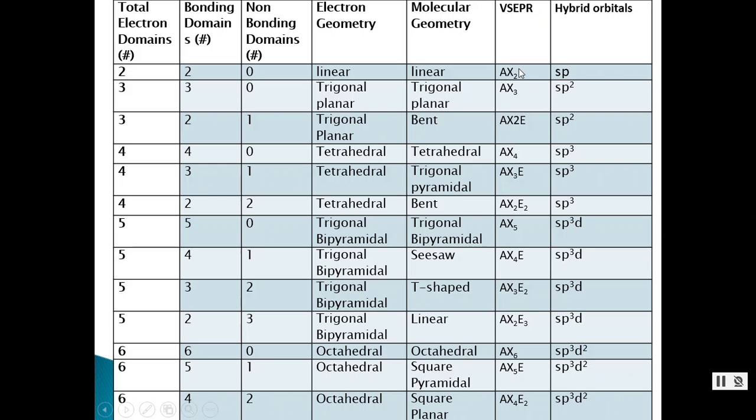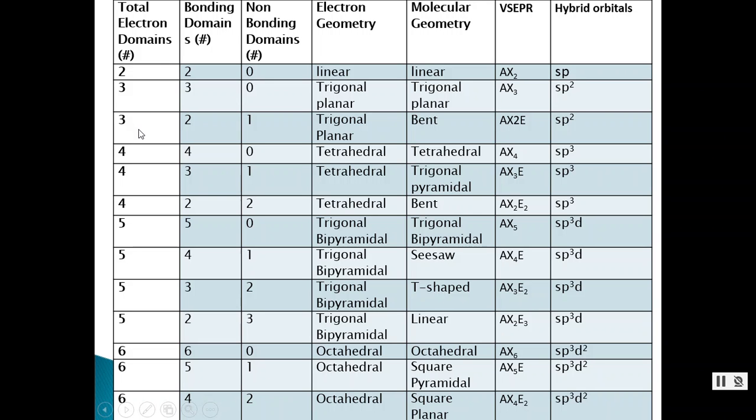You see that for all of the VSEPR notations, the number of electron domains you have will equal the number of hybrid orbitals, or the number of atomic orbitals used to create the hybrid orbitals. So, for example, for AX2, I have 2 electron domains, so I need one s and one p atomic orbital mixed to give me an sp orbital.